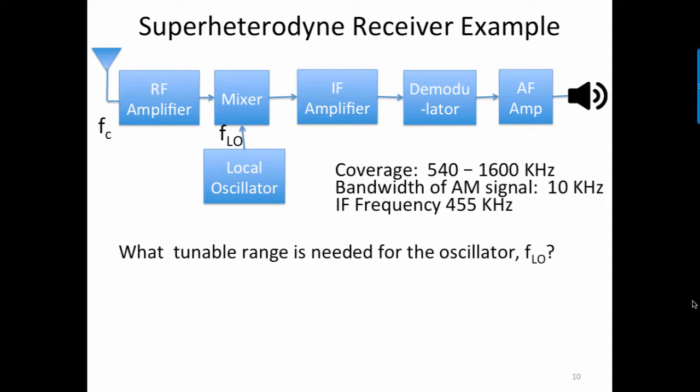If we assume that the local oscillator, FLO, will be above the carrier frequency, then FIF must be equal to FLO minus FC, or FLO must be equal to FIF plus FC.